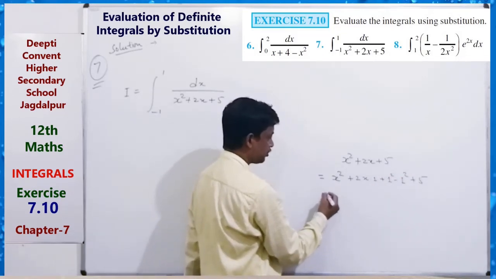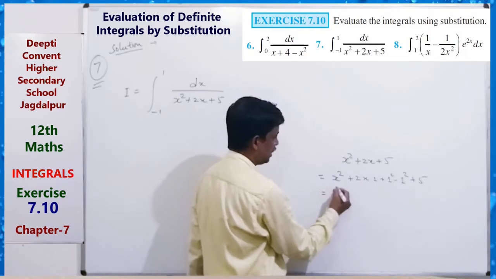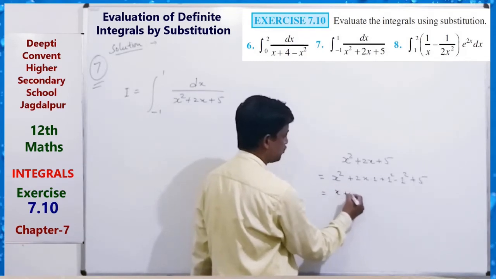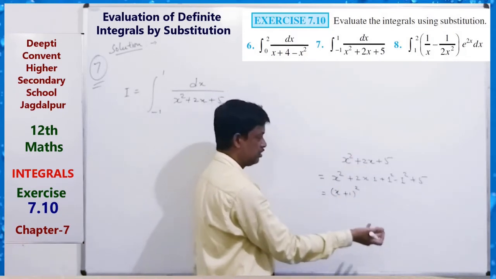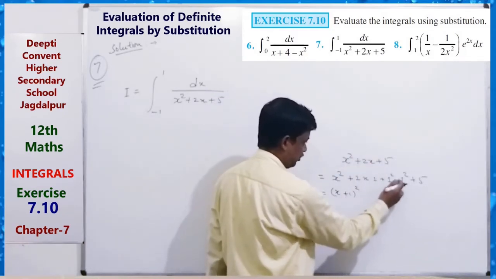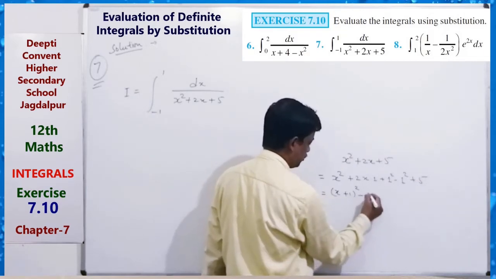So what? x plus 1 whole square, x square plus 2x plus 1. Clear? Now here 5 minus 1, 4.